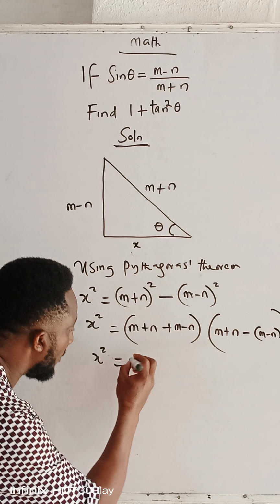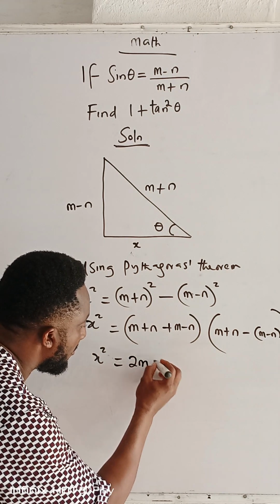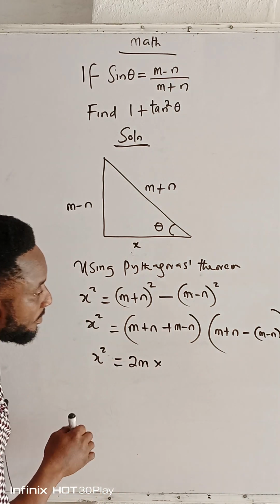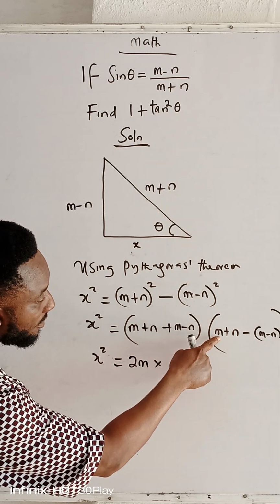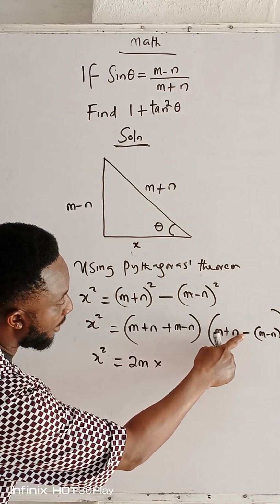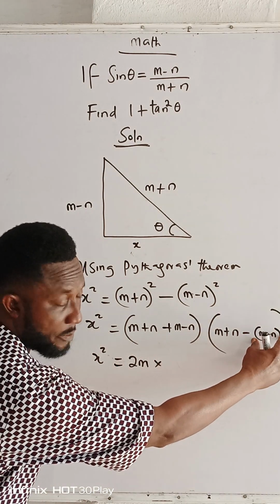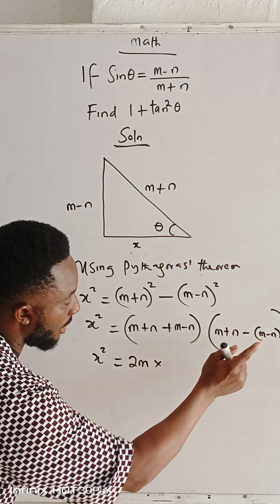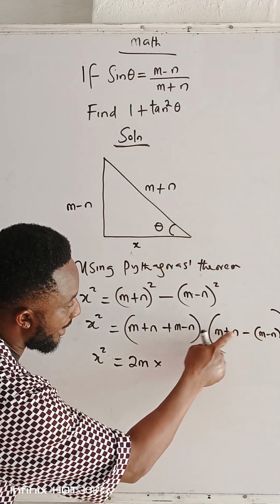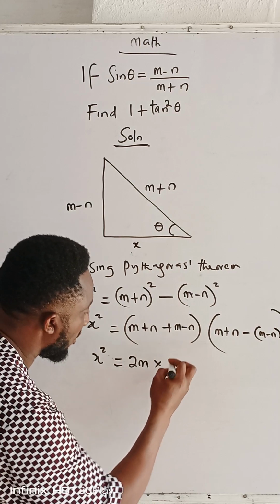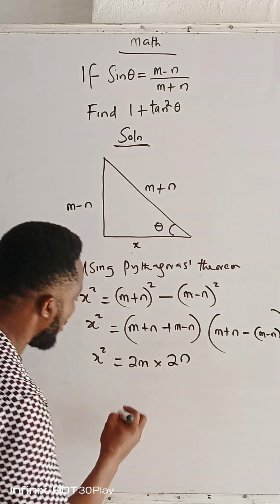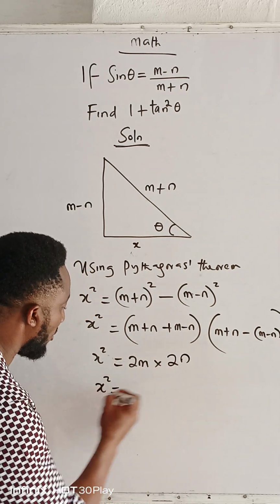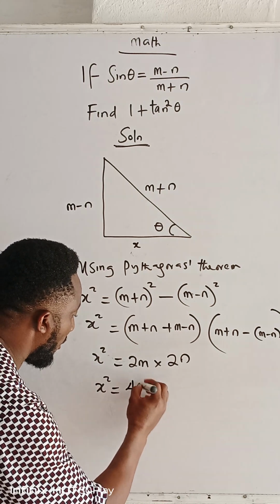So we are going to have 2m, n minus n is 0. But if we come here, m plus n minus m minus n, if we open this inner bracket, the m will disappear. n plus n will give us 2n. So s squared is going to be 4mn.